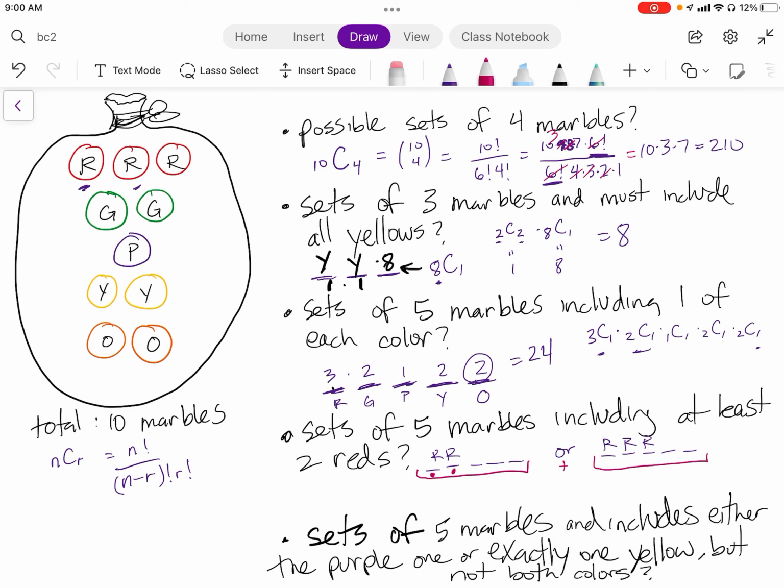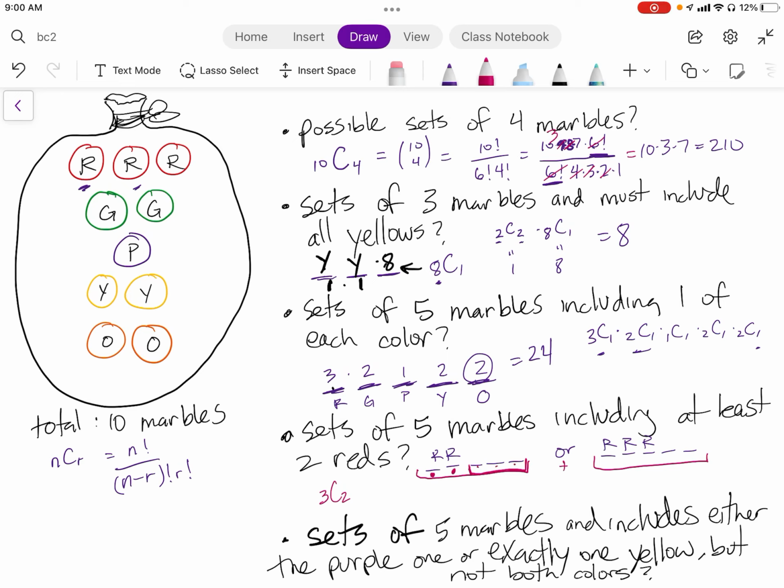And the easiest approach, I think, to look at this is like this. For this first outcome possibility, I have 3 reds. I'm going to choose 2 of them. Okay. Now I have to fill in these remaining 3 here. So what is going to go there?